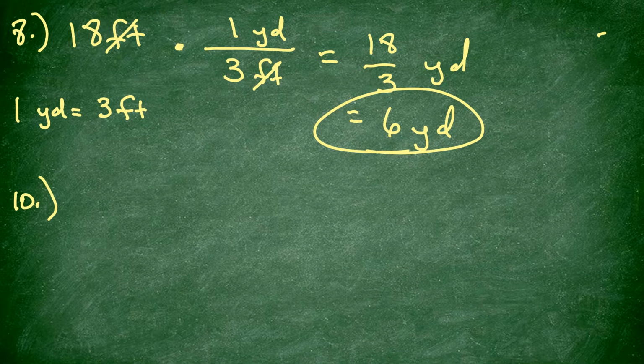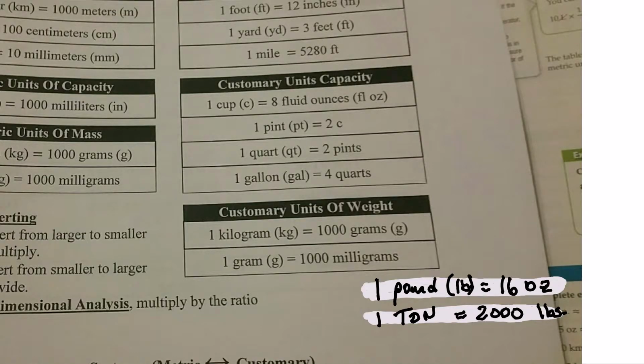Alright, 10, very similar. I have 210 millimeters. I want to turn it into centimeters. So I look at my chart, and I see 1 centimeter equals 10 millimeters. So I'm going to use this one right here.